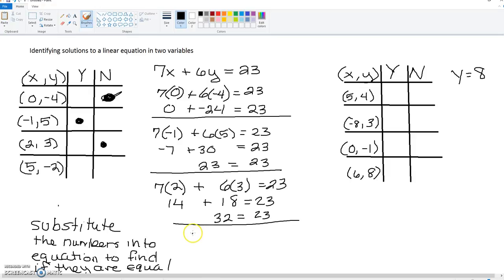And the last one we have for this example is 7 times 5 plus 6 times negative 2. So 7 times 5 is 35.